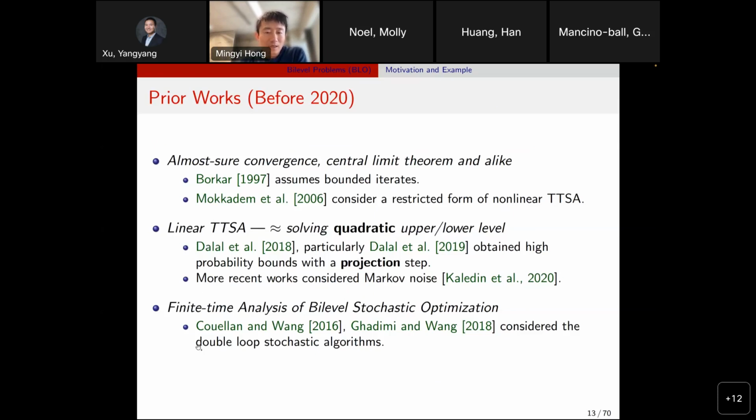And then there are a few finite time analyses of bilevel stochastic optimization, but later we'll see that the algorithm is mostly double loop, so they cannot avoid it. They need to solve the inner problem, the lower level problem, relatively accurately in order to go back to the upper level problem, and this will incur some loss in terms of samples and everything.